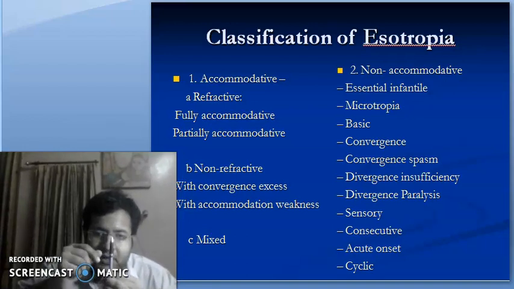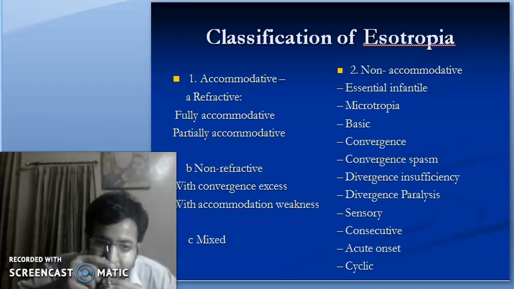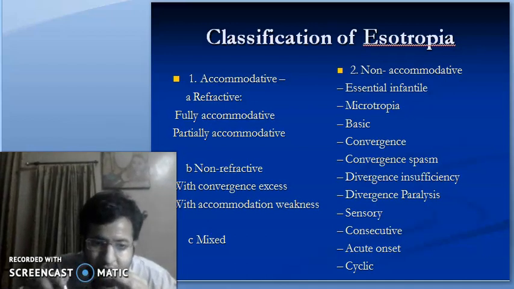Now, for this we have to accommodate this much, which is normal accommodation, but with convergence excess the eye moves more inward relative to the accommodation needed for this object. It is known as convergence excess.